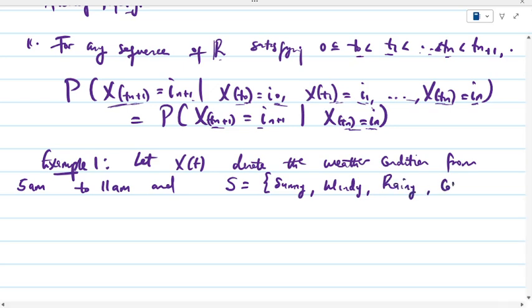Let's just assume these are the possible weather conditions we can have. Then our time t is in the closed interval [5, 11].